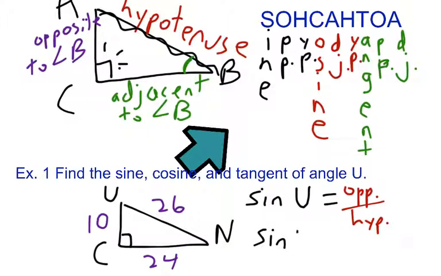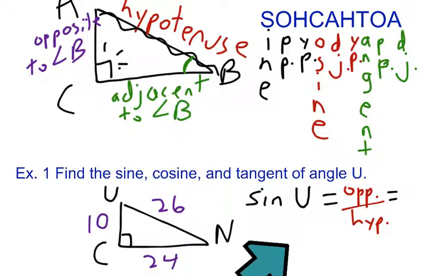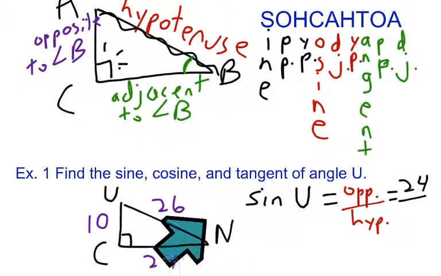Then I'm going to write sine of U. Well, tell you what, we'll just write it next to here. So opposite over hypotenuse. So the opposite to U is over here. So it's 24. So 24 goes on top. And then the hypotenuse is the longest side.